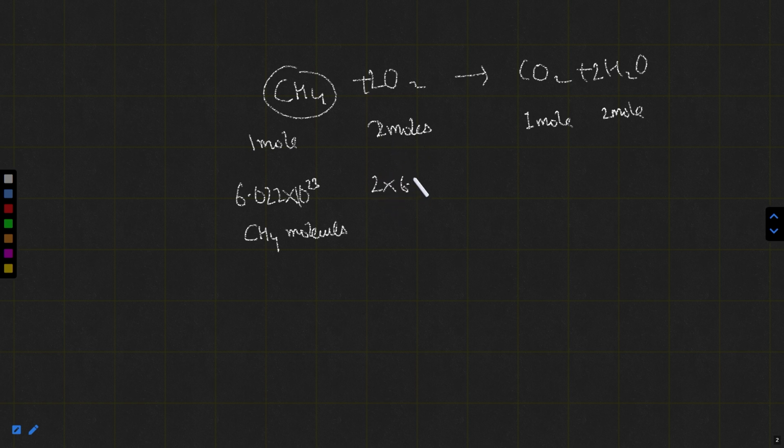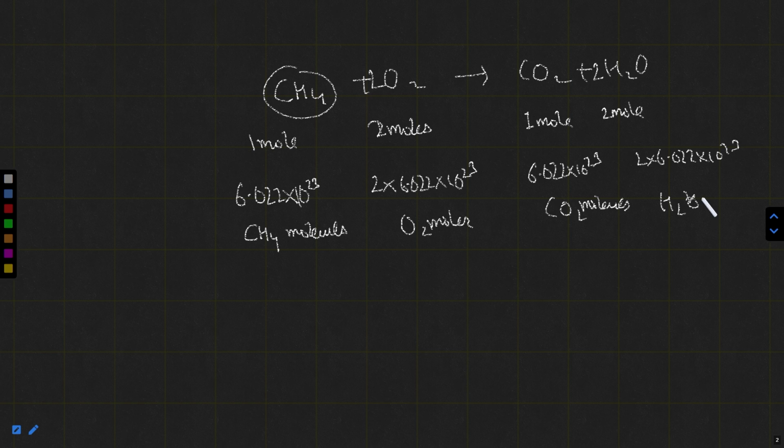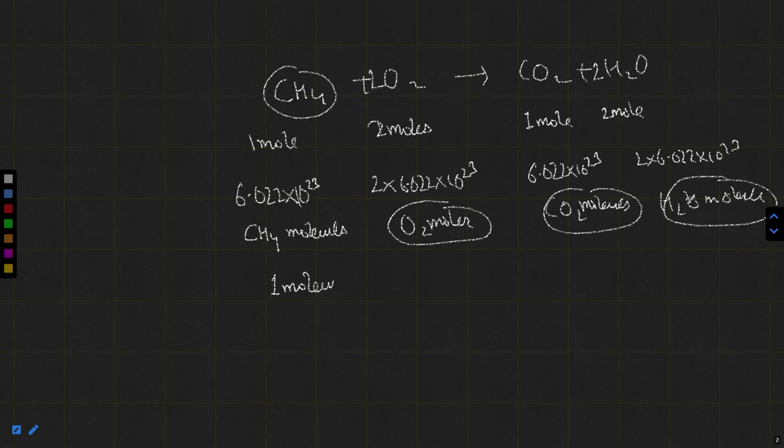They react to give 6.022 × 10^23 CO2 molecules and 2 × 6.022 × 10^23 H2O molecules. So this many molecules of methane react with 2 × NA molecules of O2 to give NA molecules of CO2 and 2 × NA molecules of H2O.